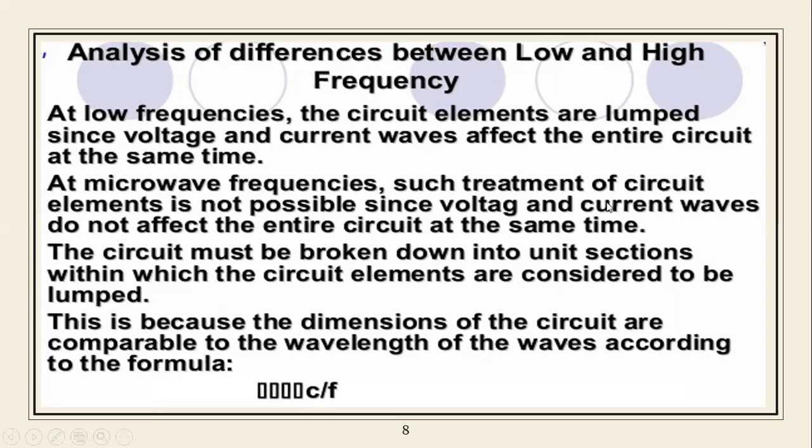At microwave frequency, such a treatment of elements does not work, as the voltage and the current waves do not affect the entire circuitry at the same time. In short, the circuit must be broken down into unit sections within which the circuit elements are considered to be lumped.